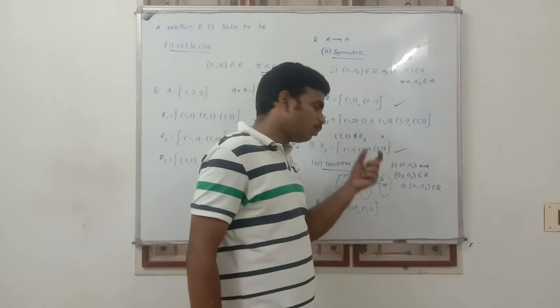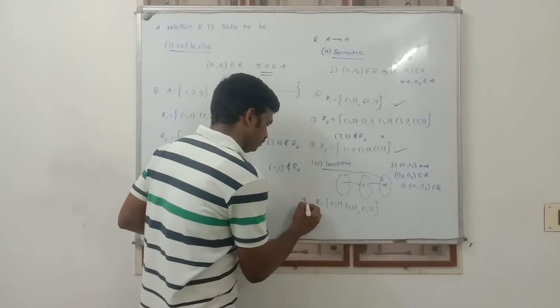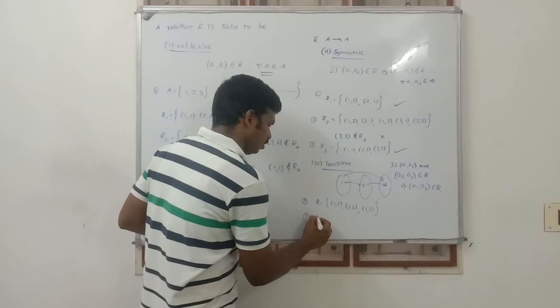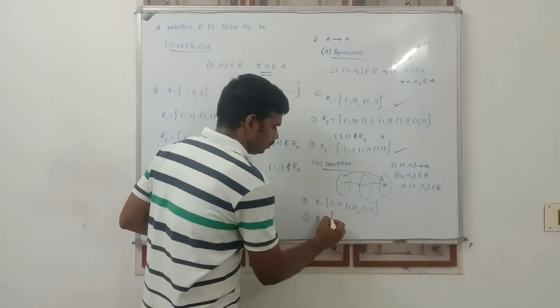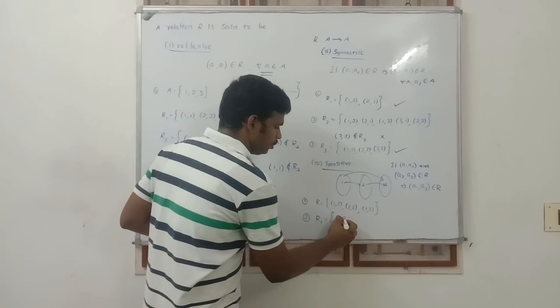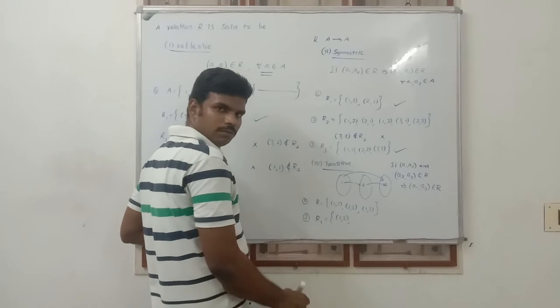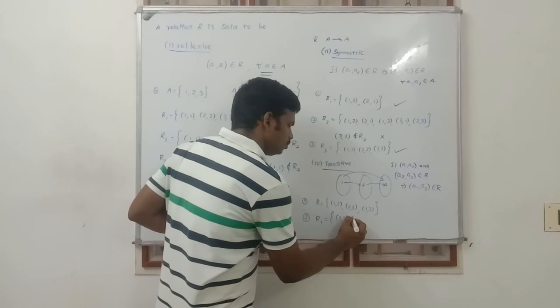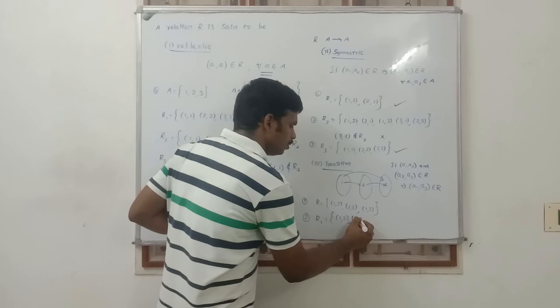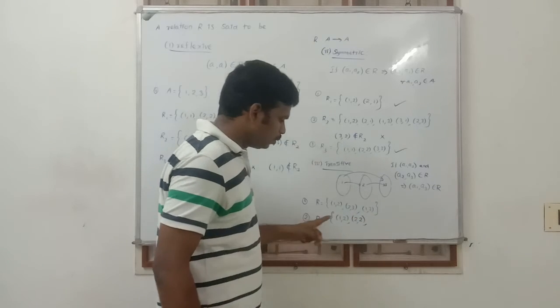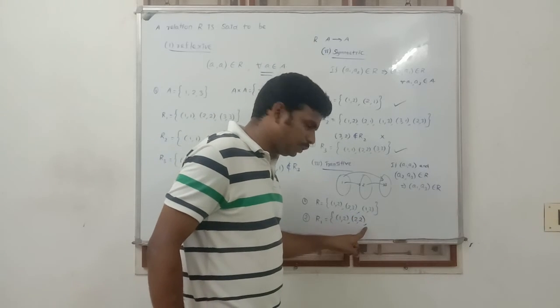We will discuss one more example. The second one, R1 is equal to {(1, 2), (2, 2)}. So 1 goes to 2, and 2 goes to 2.